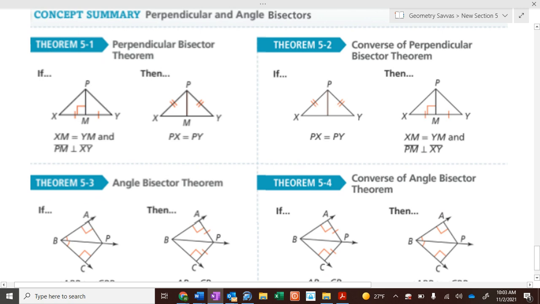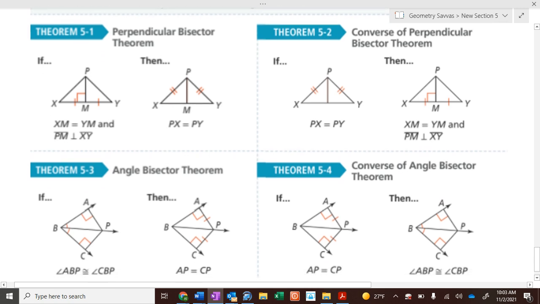So what we learned today is the perpendicular bisector theorem. The perpendicular bisector theorem says if a point is on the perpendicular bisector, it's an equal distance away from the endpoints of that segment. The converse says if a point is an equal distance away from the endpoints of a segment, then it's on the perpendicular bisector.